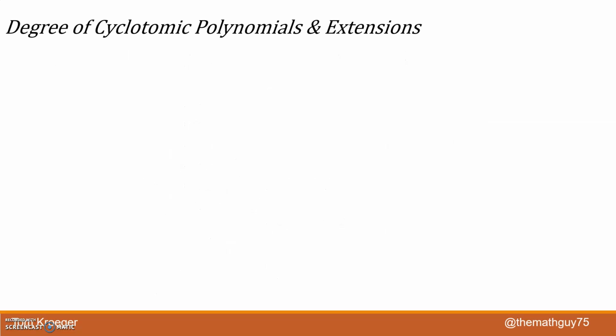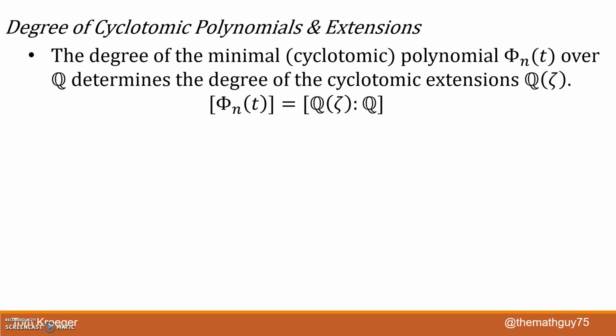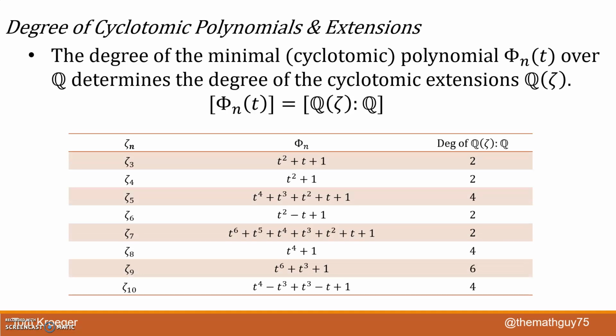Right? Degree of cyclotomic polynomials and their extensions. Well, the degree of a minimal polynomial, the cyclotomic polynomial, over Q determines the degree of the extension. All right? And again, here are some of those same examples along with their degrees.